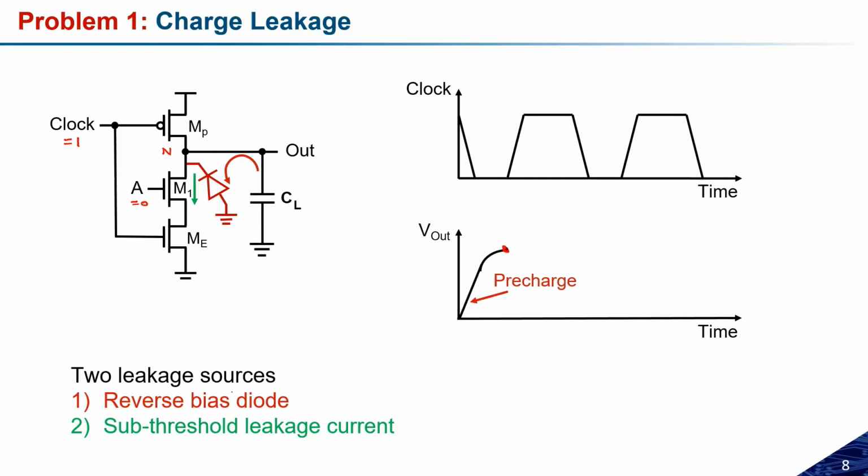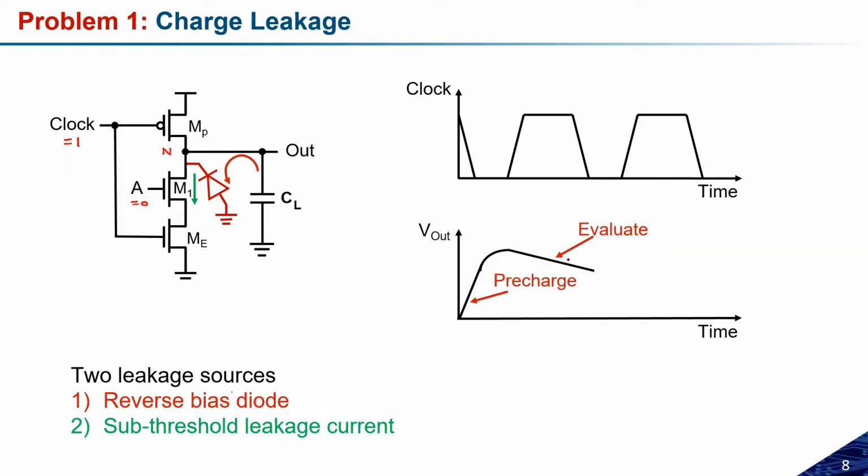But due to this reverse bias diode and the subthreshold current, it will start discharging, and it can discharge up to some extent. So this will start discharging, and then the waveform and the output voltage can degrade somehow, even though the transistor M1 is in the off state.